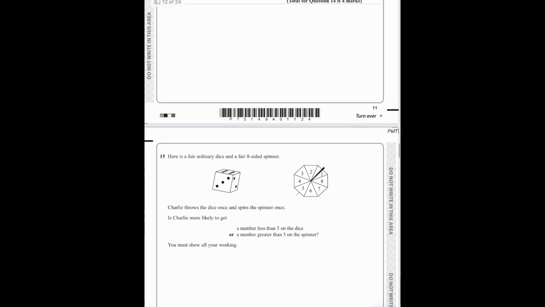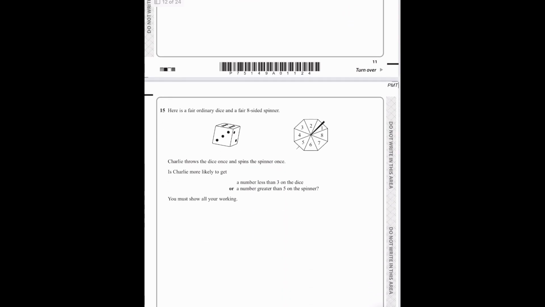Here's a fair ordinary dice and a fair 8-sided spinner. Charlie throws the dice once and spins the spinner once. Is Charlie more likely to get a number less than 3 on the dice or greater than 5? So his chance of getting a number less than 3, so that is only 1 or 2, so that's 2 out of 6 on the dice.